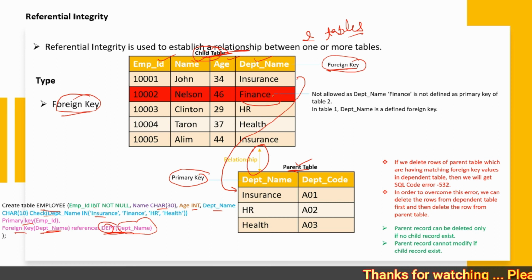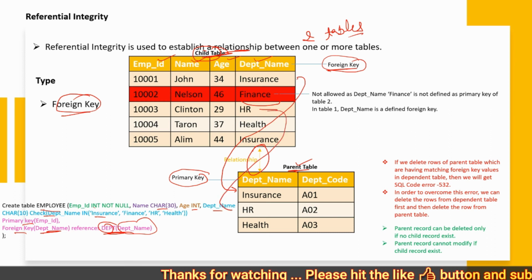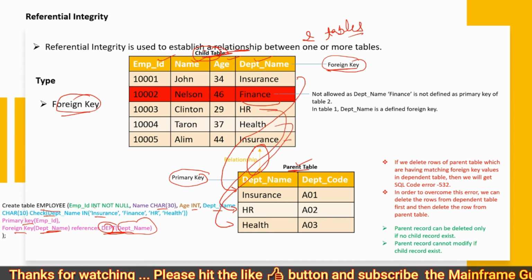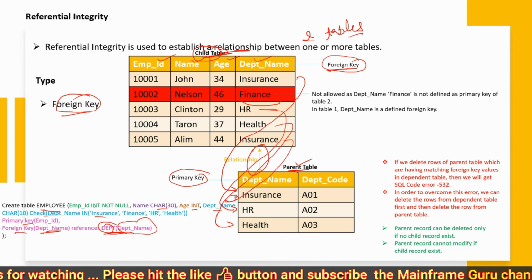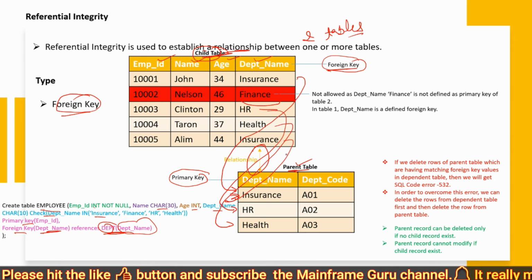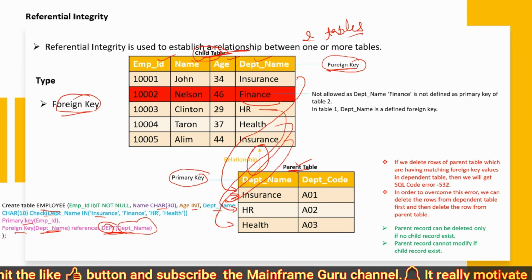So this will not allow entering this record. Okay. And another record, hr, is also available in the primary key of the parent table, and health is also available, and insurance is also available. Like you can enter multiple records of any department name into the child table.